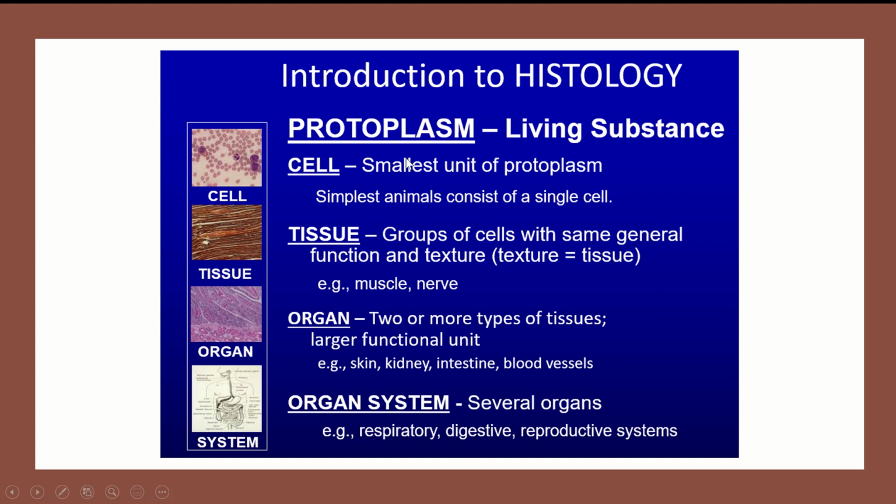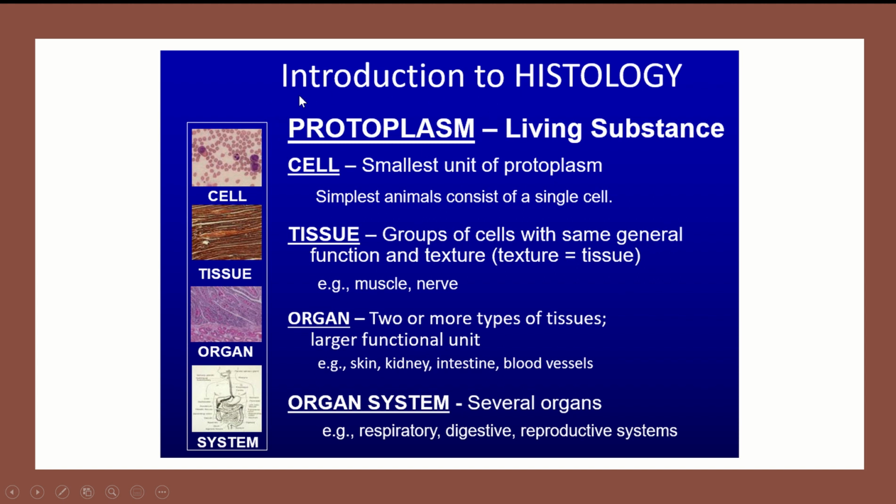This is just a review from biology. Hopefully you have seen or heard of this before, but it is how we classify different tissue levels. If we go from the smallest term for anything that's living, that would be protoplasm.